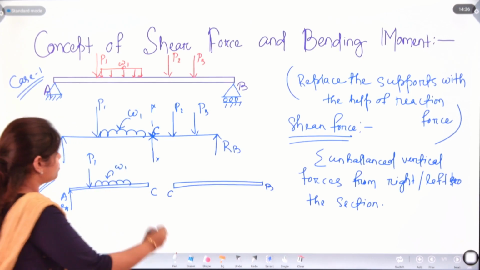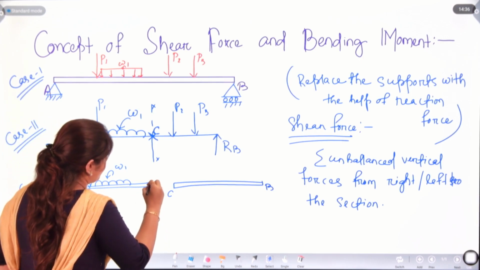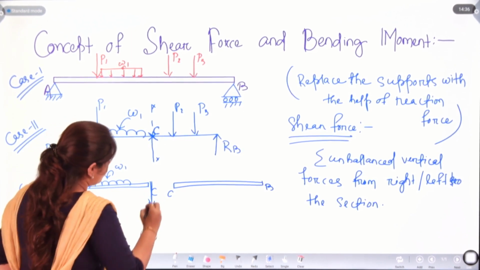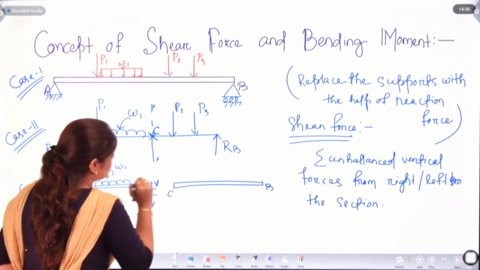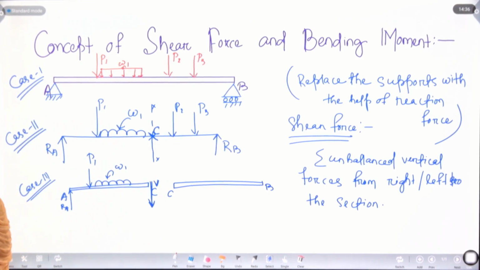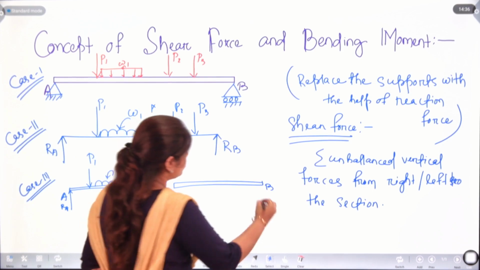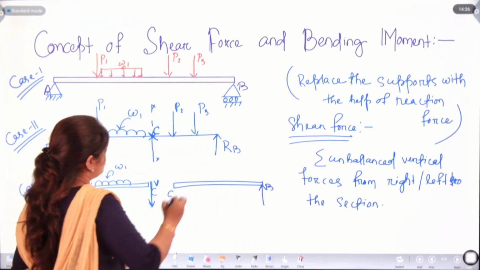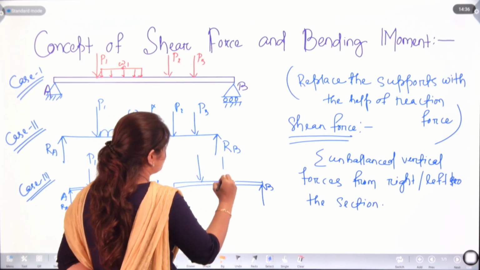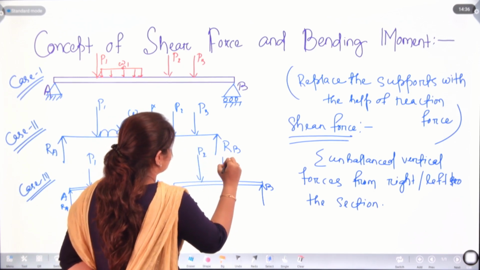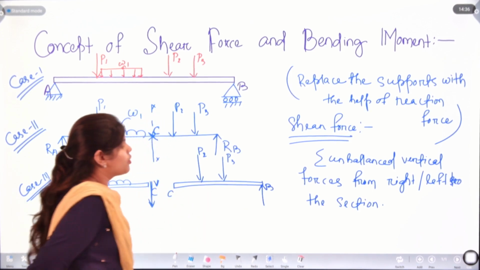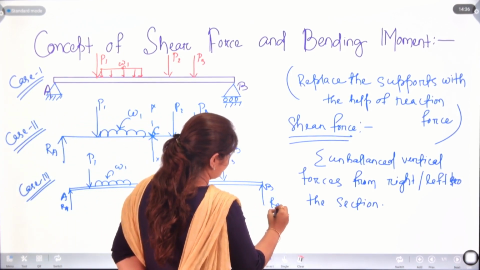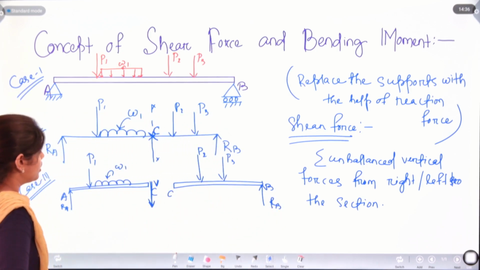Let's assume the shear force at this point is in the downward direction and name it V. In the CB section, P2 and P3 remain the same, and here we have our RB.